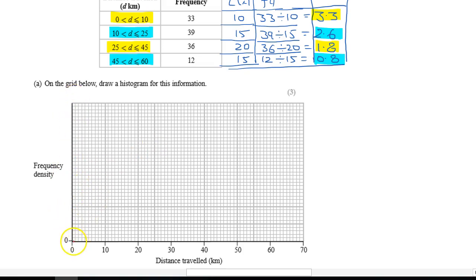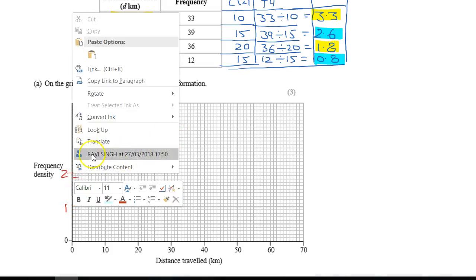Let's say this is 1, 2, 3, 4, 5, 6, 7, 8, 9, 10. This is 2. 1, 2, 3, 4, 5, 6, 7, 8, 9, 10.